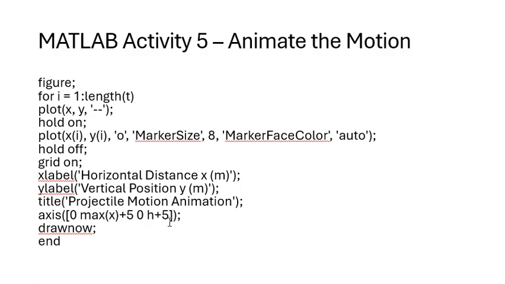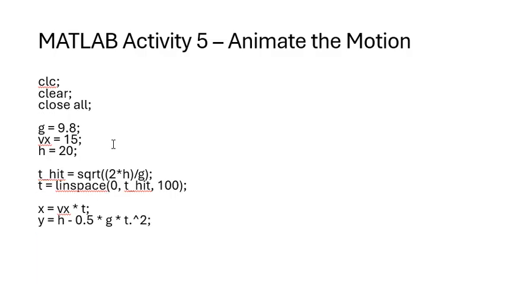Your axis is going to go with this, just making it a little bit bigger so you are able to see. And of course we plot it with all of the controls, for your marker size or marker face color, everything that you want to elaborate.